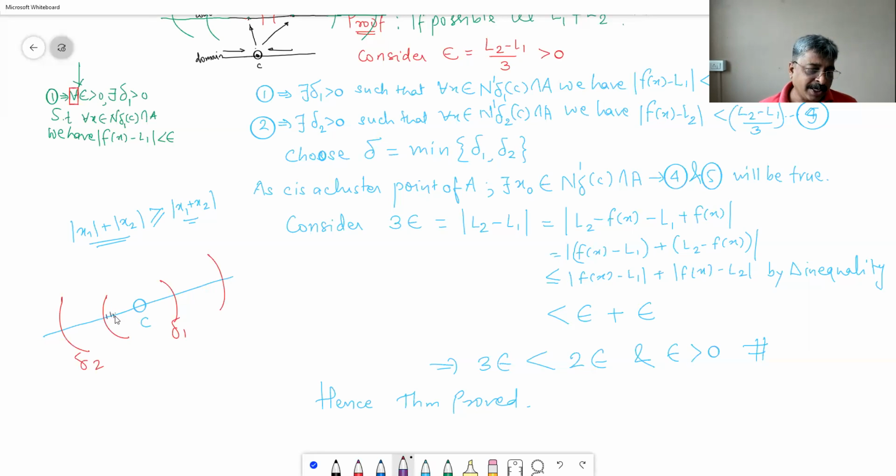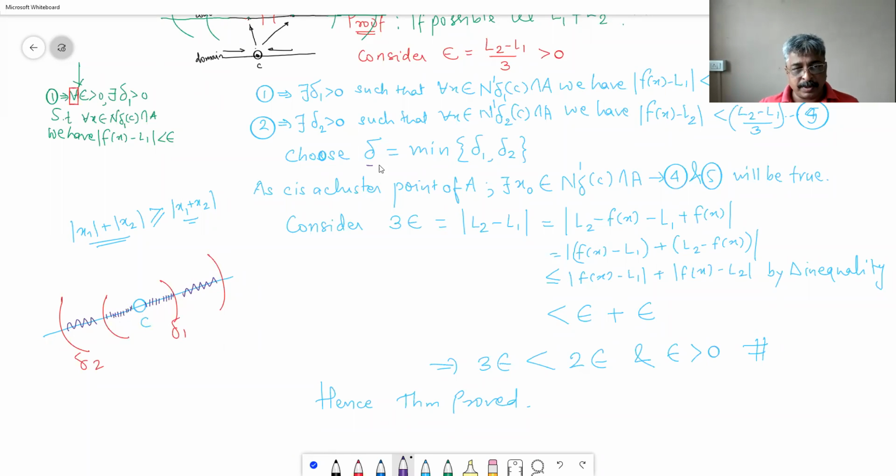You are interested in these x because these values of x satisfy 1 as well as 2. However, these values of x satisfy only 2 and not 1. Therefore, if we want to have a contradiction, we might as well take those points x which satisfy both 1 and 2. And therefore, we have to choose the minimum of these two. Therefore, we are very, very safe.